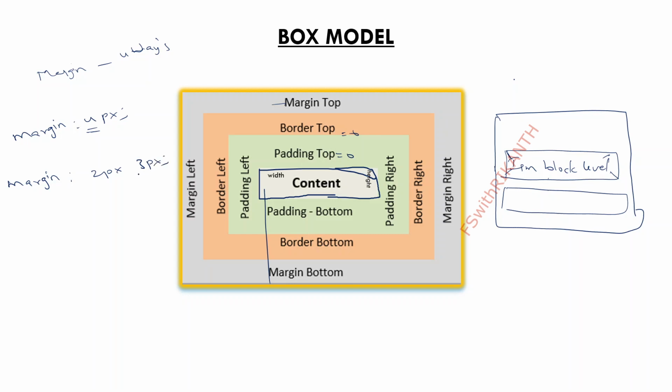Suppose you give 2 values, margin 2 pixels and 3 pixels. What does it mean? The first value is for top and bottom, and the second value is for left and right.